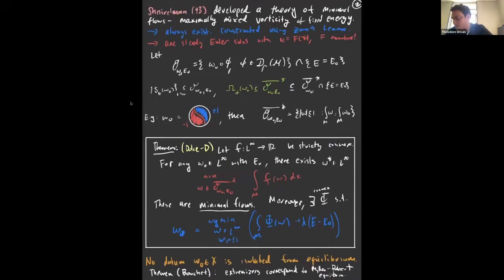Now, Shnirelman developed a theory in the 90s for a general prescription for maximally mixed vorticities. So he has some definition of what it means to be maximally mixed. And he shows that those things always exist by use of Zorn's lemma, and moreover, that these maximally mixed functions are actually steady solutions of Euler, having the property that there's some functional relationship between vorticity and stream function.